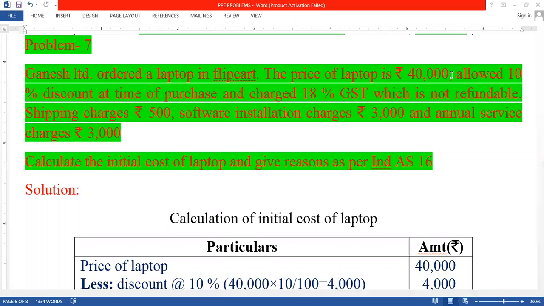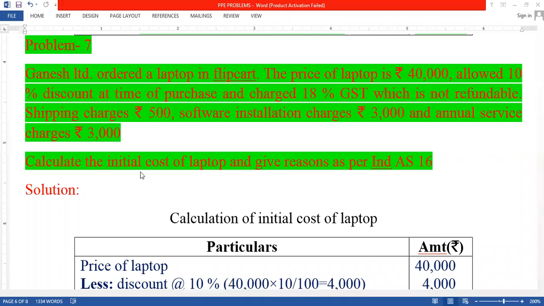Cost of the asset is 40,000 and allowed 10% discount at the time of purchase and charged 18% GST, which is not refundable. Shipping charges rupees 500, software installation charges rupees 3,000 and annual service charges rupees 3,000.